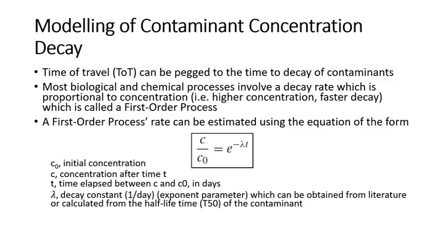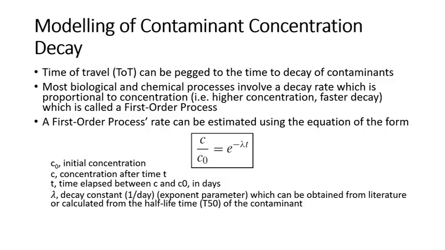A first order process or a first order reaction has a rate that can be estimated using the equation in the form of C divided by C naught is equal to e raised to negative lambda times T, where C naught is your initial concentration, C is your concentration after time T, and T is the time elapsed between C and C naught in days.